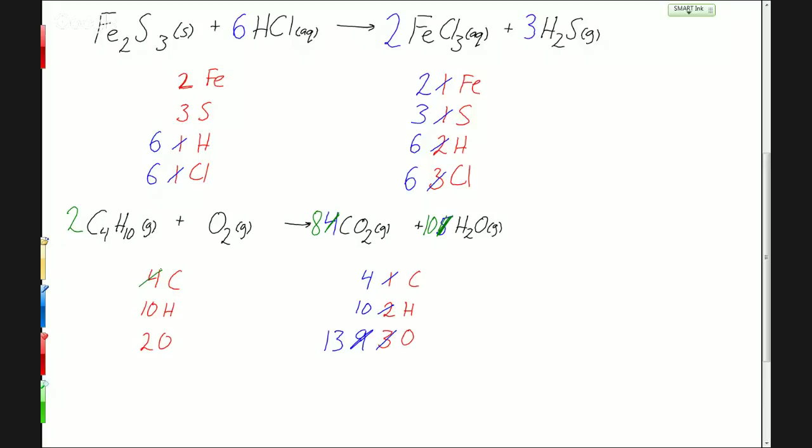And let's correct those totals. So that's 8, 20. All the other stuff should stay in balance because we haven't changed the ratios. We've just doubled everything. And so now on the right, we have 26 oxygen instead of 13. And 26 is a multiple of 2. So now that works.